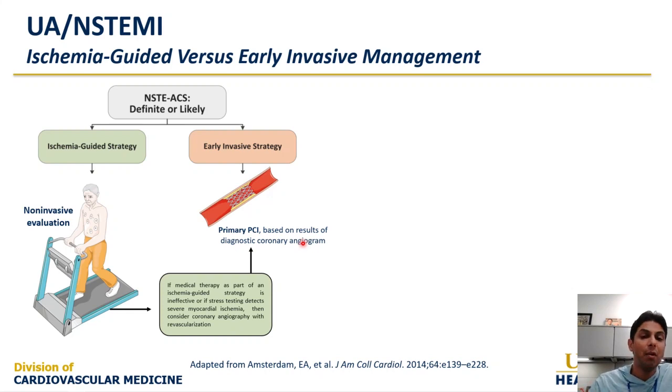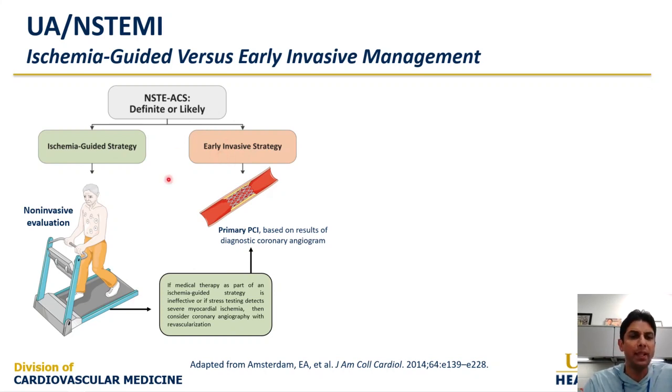So we're going to look and see whether we see plaque rupture or erosion with thrombus formation. We're not really going to see plaque rupture or erosion, but we will see the thrombus associated with that. And in that type of patient, we're going to think about doing what's called primary percutaneous coronary intervention, where in that case, if feasible, we'll go ahead and place a stent. But remember, this is in the background of all the therapies that we talked about already.